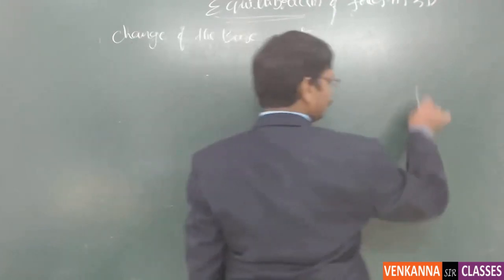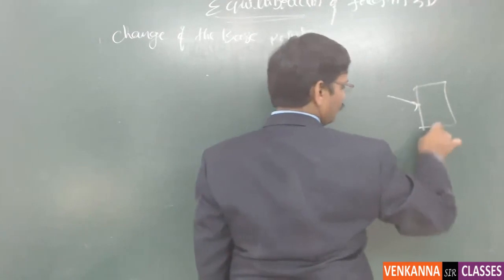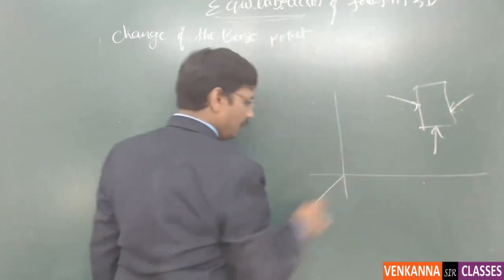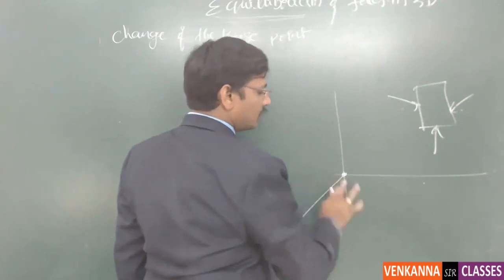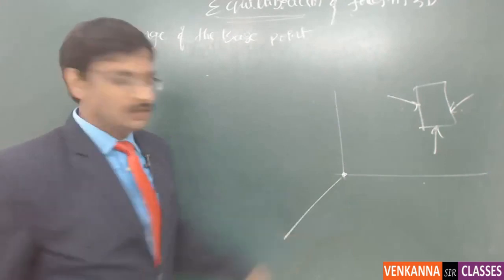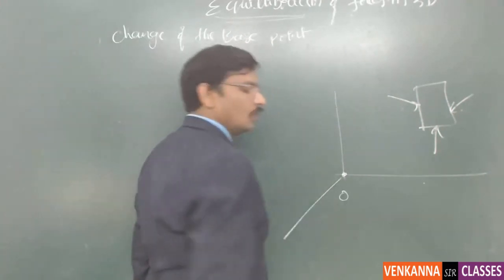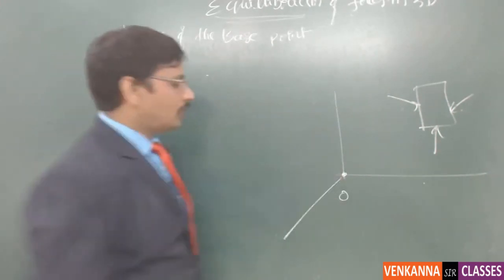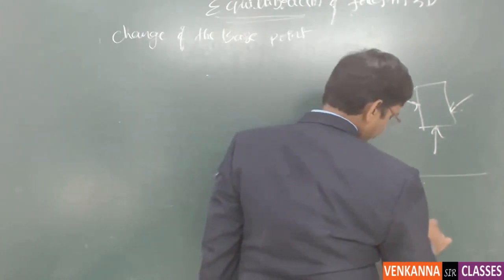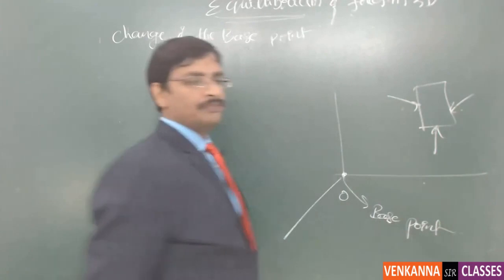Suppose if this is the body, and there are multiple forces acting on it, and then you have selected a random point about which you can treat that all the forces are acting at this particular point. This is a randomly chosen point. So let us say this point is O, and this point is called the base point.